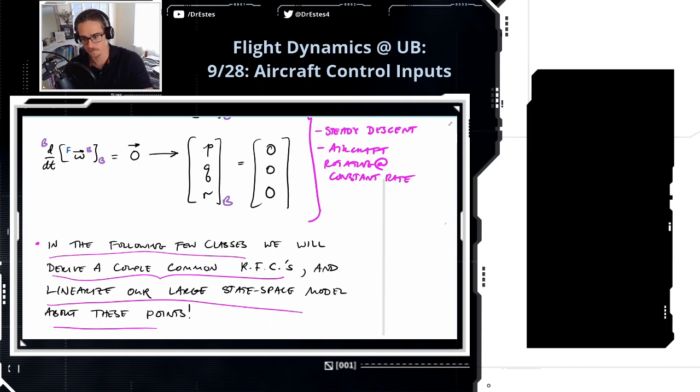We're getting there. I think it's cool stuff because it's working towards a practical end. There's all this math and reference frames flying around, but it's working towards a practical goal.